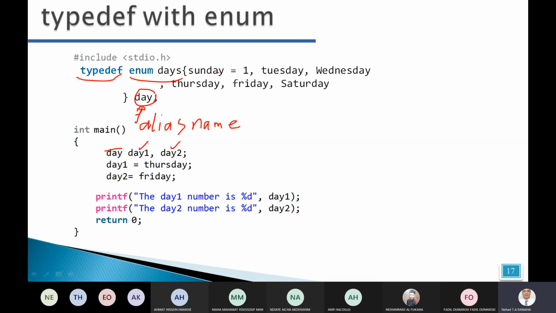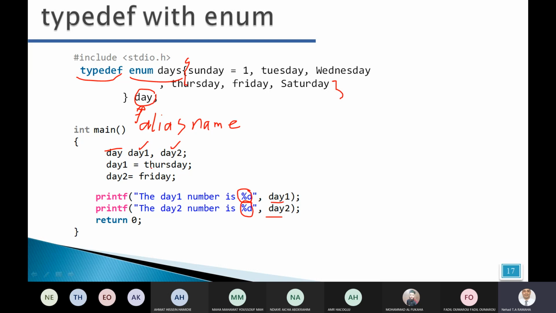So it can take any value from these values. So I can say day1 equals Thursday, Tuesday, Wednesday, anything. I can use day2 equals Friday, Saturday, anything also. When I print day1 or day2, it will be printed as an integer value.